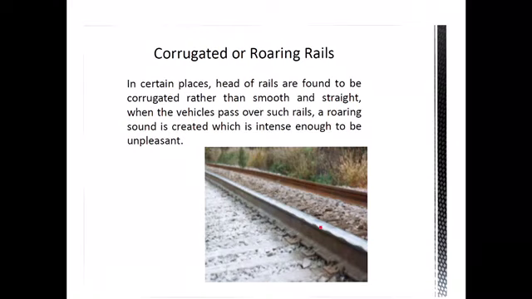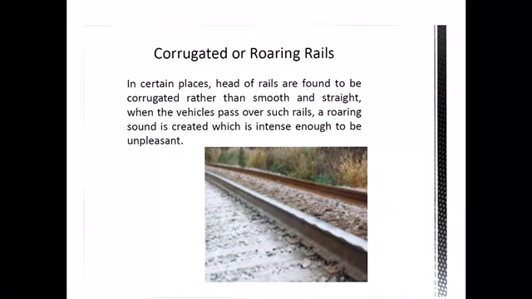As you can see here, the corrugations are formed on the head of the rail section. Because of these corrugations, whenever the train passes over such rails, a roaring sound will occur. That roaring sound is very unpleasant to hear, and that's why this kind of defect is called corrugated rails or roaring rails.